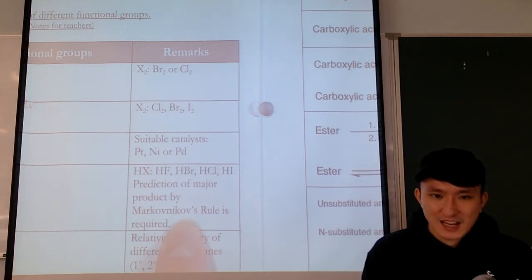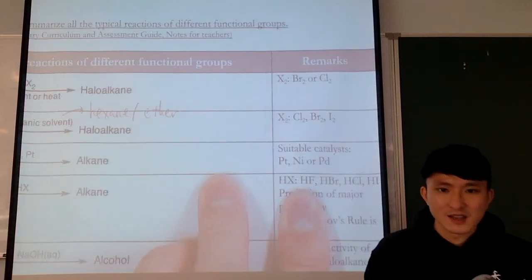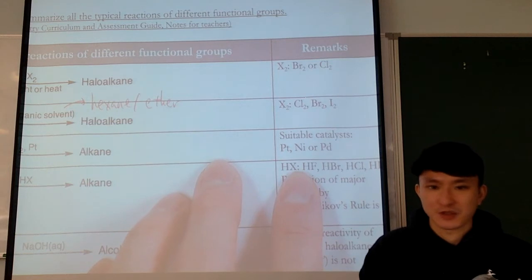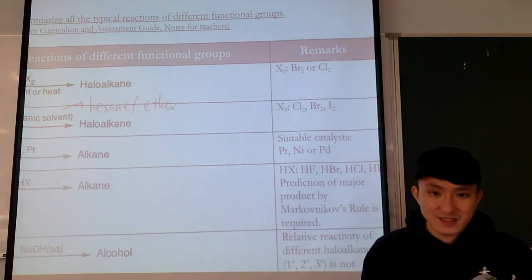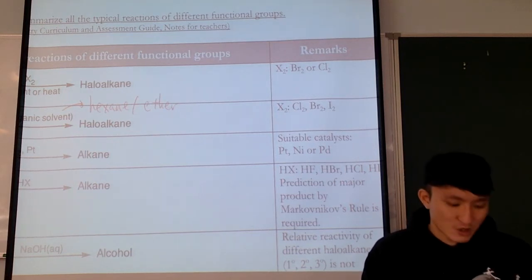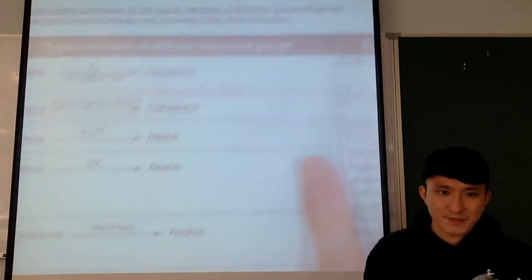Remember, the hydrogen is added to the less substituted carbon, or you can think about the halogen is added to the more substituted carbon. Both ways will do. So when you are doing synthesis, especially when you're writing the intermediate or the final product, make sure you pay attention to the Markovnikov rule, okay?